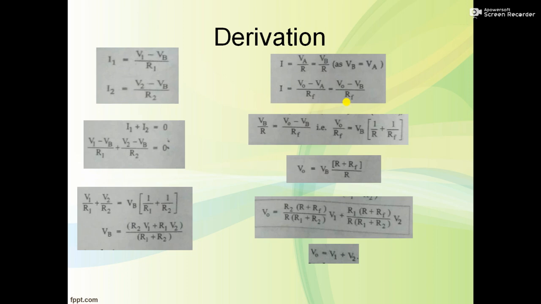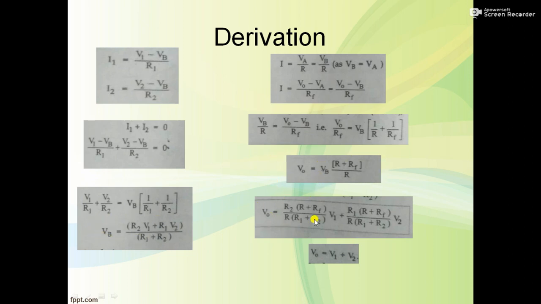After that, equating both current equations, VB by R is equal to (V0 minus VB) divided by RF. Rearrange this term and get V0 is equal to VB into (R plus RF) by R. Then put the VB equation from this equation into this V0.